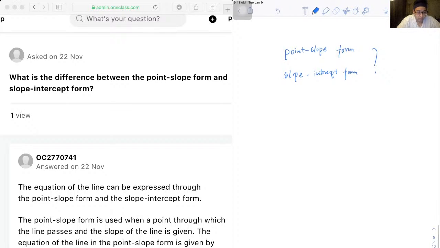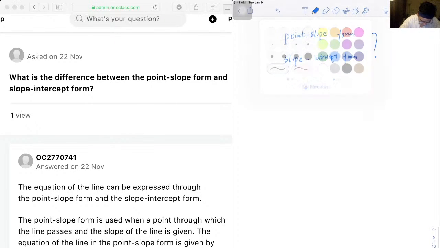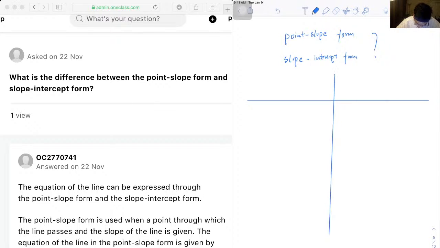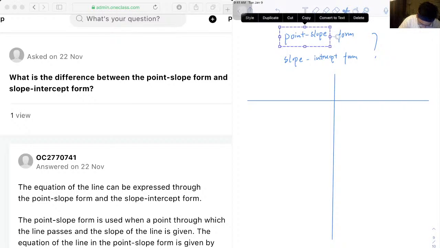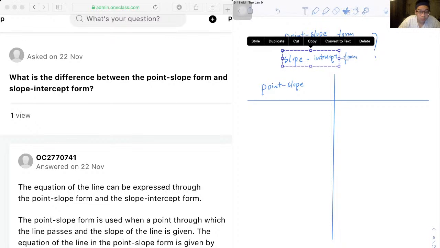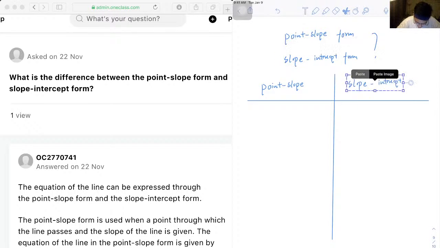You can either represent it by point slope form or the slope intercept form. And so let's draw a table. So here will be the point slope, and that's going to be slope intercept.